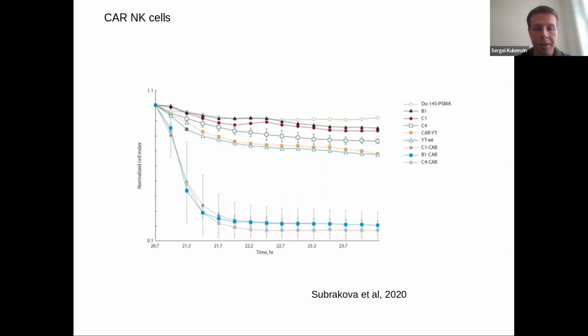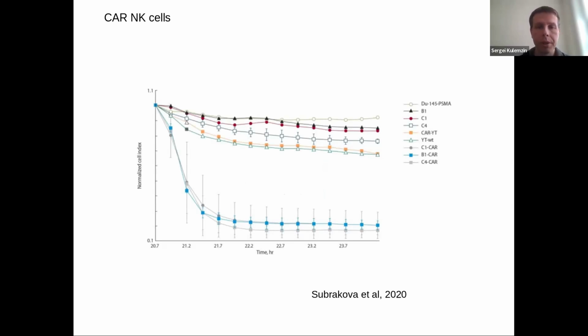CAR NK cells are by all means now a very hyped topic. And one of my colleagues just called CAR NK cells the holy grail of cell therapy, because a lot of teams, a lot of companies and clinics are looking into CAR NK cell therapy. So we were working with NK cells and CAR NK cells for quite a while.